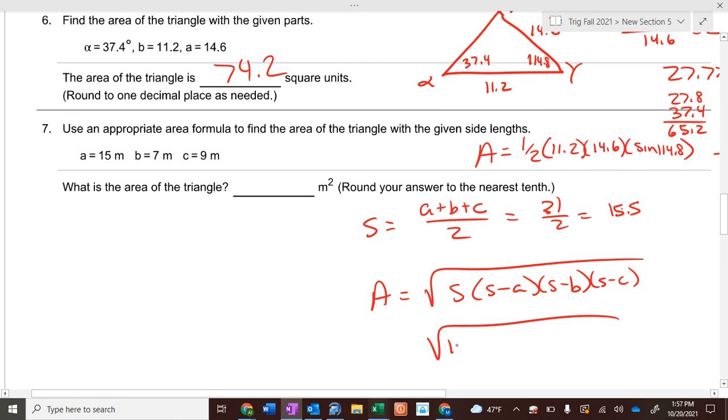So it's the square root of 15.5 times 15.5 minus 15 is 0.5 times 15.5 minus 7 is 8.5 times 6.5. So 15.5 times 0.5 times 8.5 times 6.5, take the square root of that answer. Then in the end, what do you get? 20.7. Two of you got 20.7, so we're going to have to trust you guys.